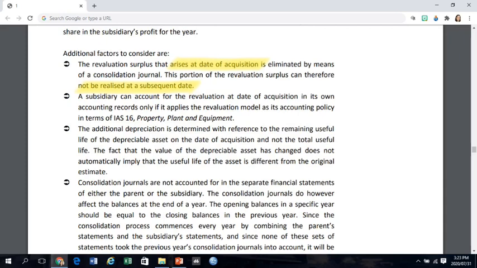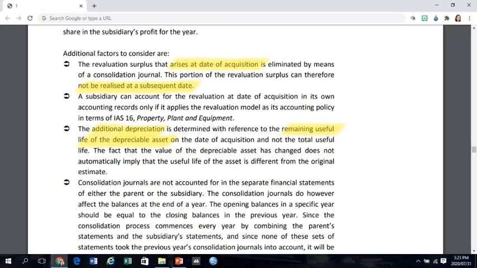Because we now have an increased value on my depreciable asset, there will be additional depreciation. And this additional depreciation for group statement purposes is determined with reference to the remaining useful life of this depreciable asset on the date of acquisition and not the total useful life.